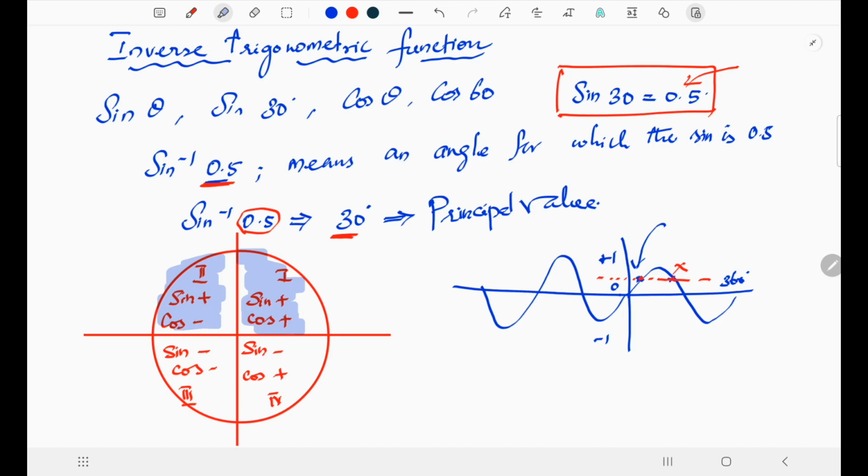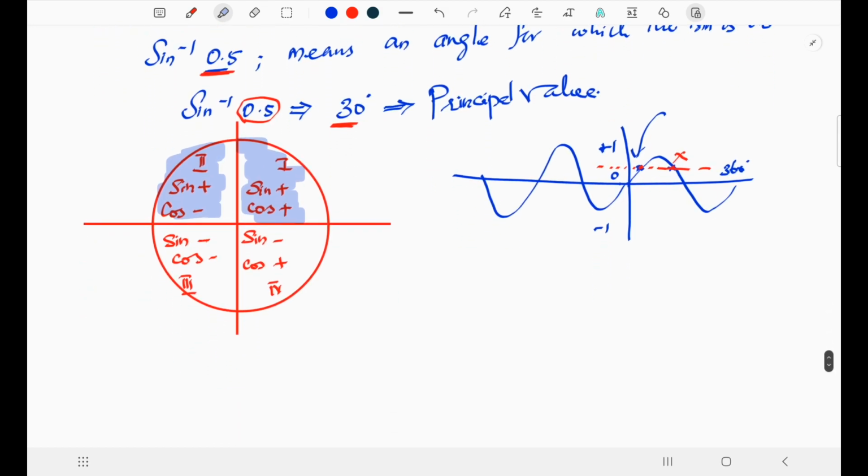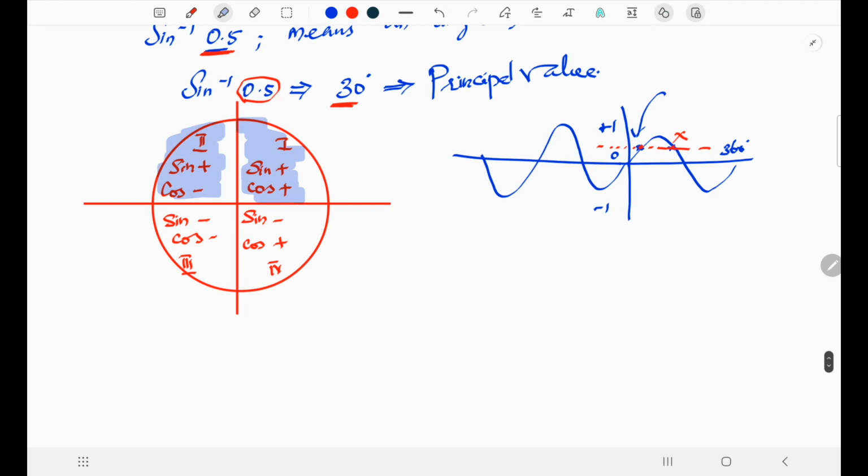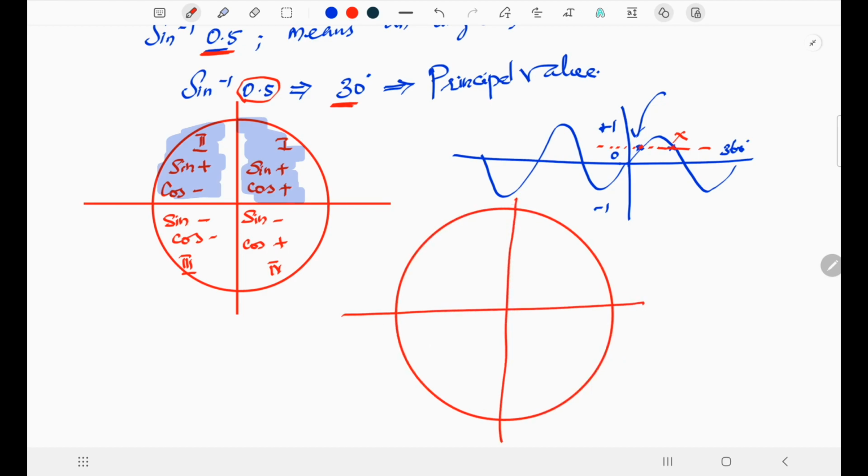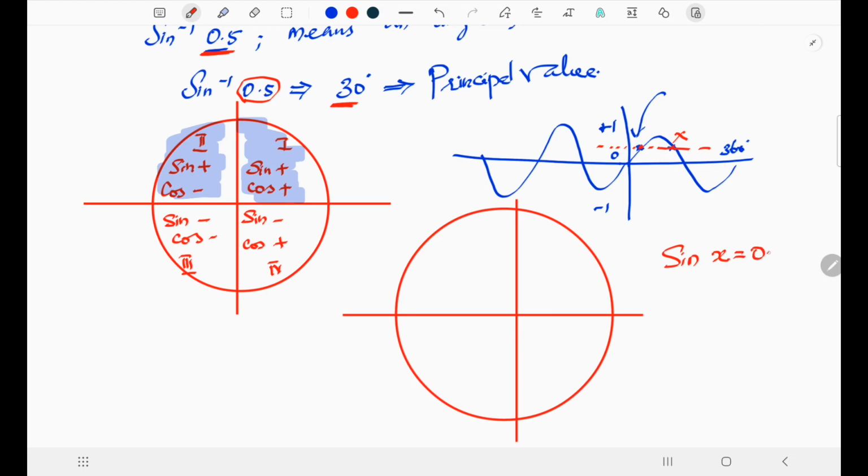So I redraw the same figure. Okay, for example, I'm looking for the angle for which the sine is 0.5. To find this, sine inverse of 0.5 equals x.